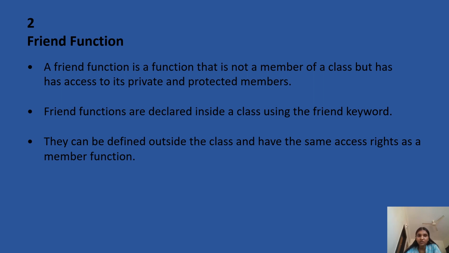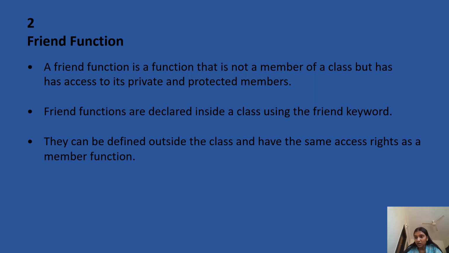A friend function is a function that is not a member of a class but has access to its private and protected members. Friend functions are declared inside the class using the keyword friend, and are defined outside the class and have the same access rights as the member function.